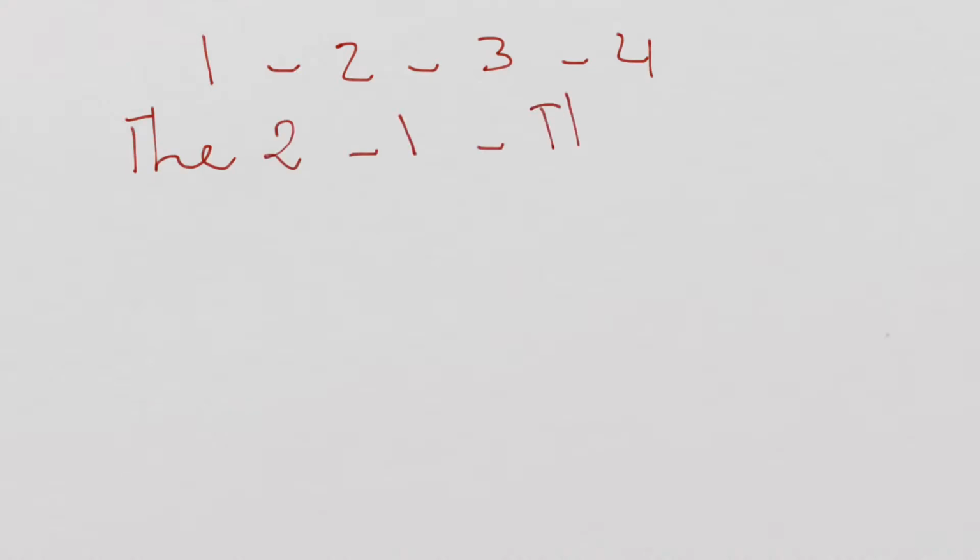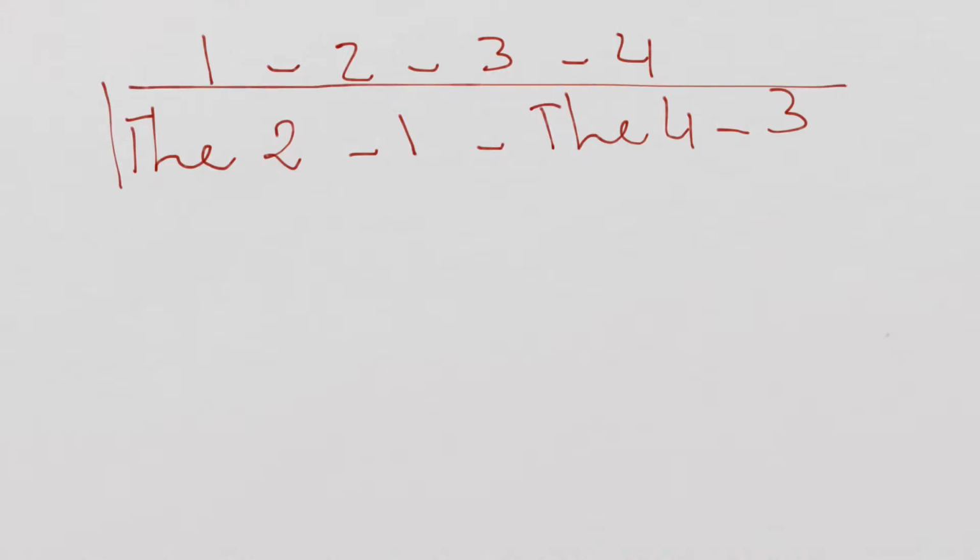So, instead of having 1, 2, 3, 4, we had 2, 1, 4, 3. As simple as that.